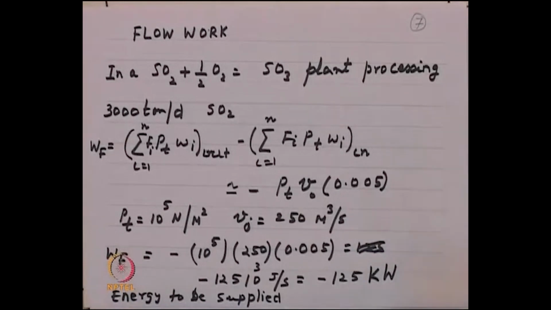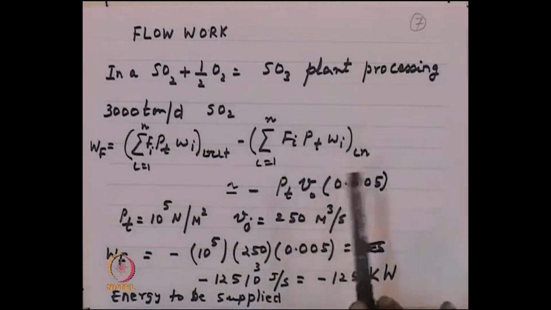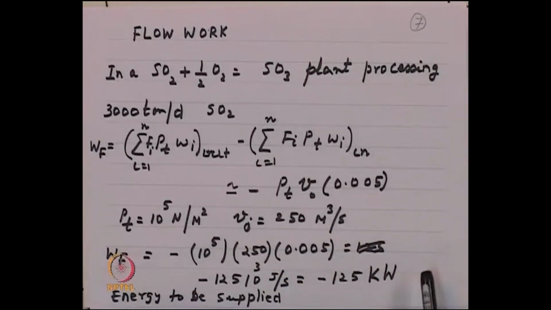So, what have we tried to do? We have tried to make an estimate of flow work for the case of a 3000 tons per day sulfur dioxide plant, and for the numbers that we have taken, this turns out to be about 125 kilowatt with a minus sign, showing that this amount of work will have to be put in for the fluids to be put into the system and taken out.